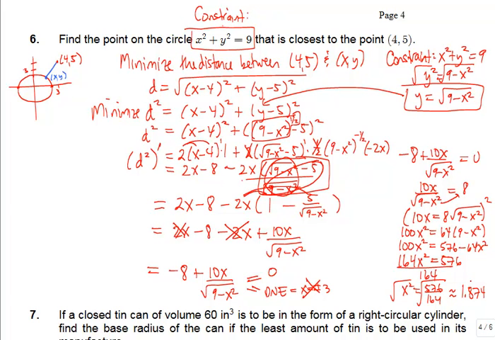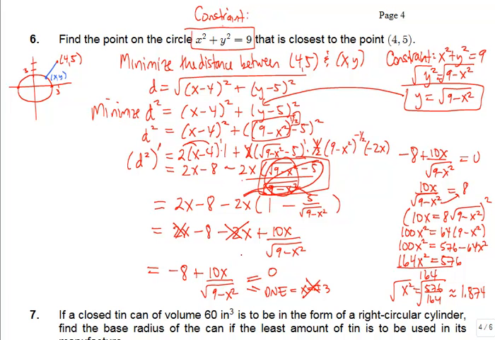Now at this point what we would want to do is check whether or not this is our maximum or our minimum. So we can do a second derivative test. On this particular example, remember our first derivative down here, it's kind of messy because you've got that big fraction with radicals in it. It's going to be a little bit messy to do that second derivative.